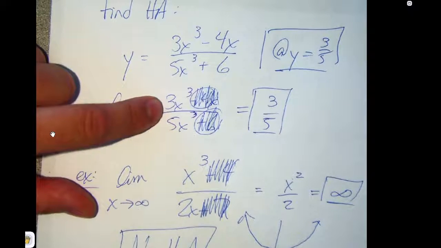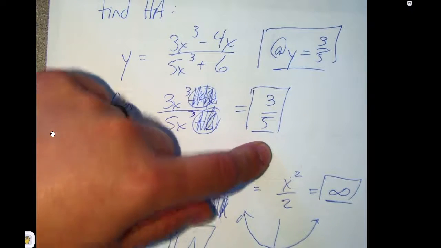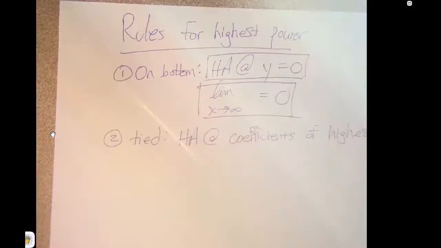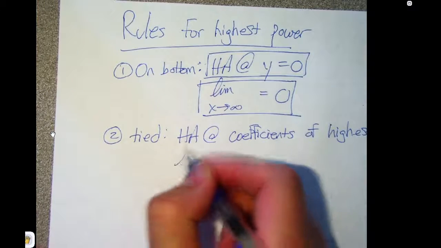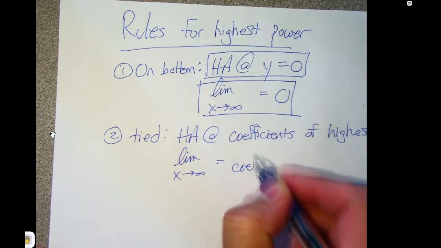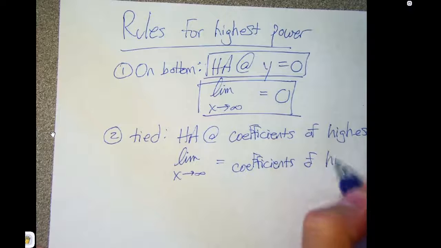That's like the 3/5 here. So the highest powers were x to the third, x to the third. They were tied, so then 3/5 becomes the horizontal asymptote. Because what happens to those highest powers that are tied? They just cancel. Or limit as x approaches infinity equals coefficients of highest power.